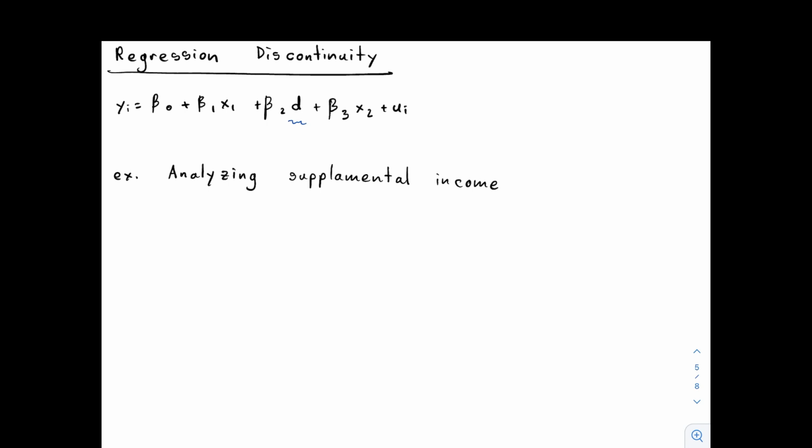And the value of beta 2 in this particular model is the direct effect attributable to whatever outcome is associated with that particular cutoff.